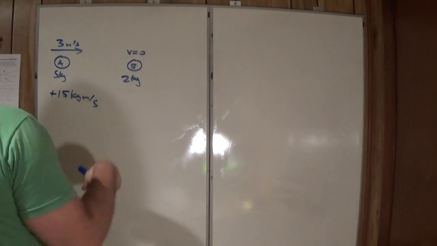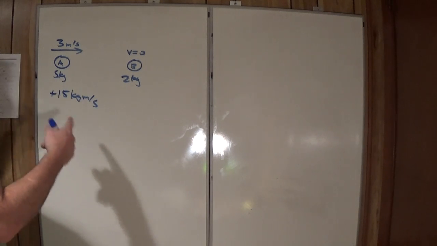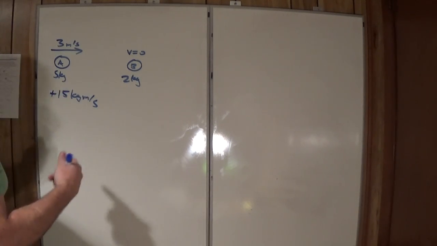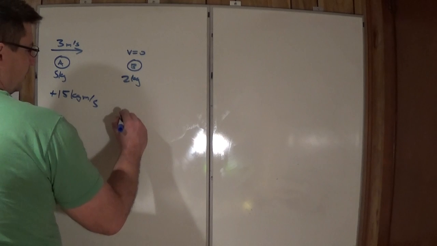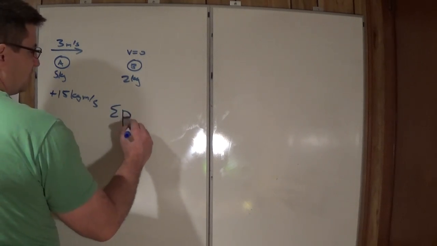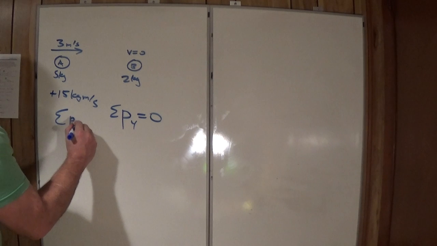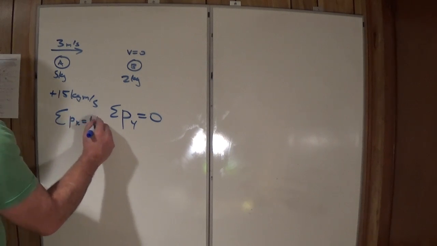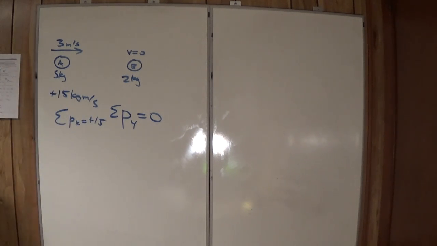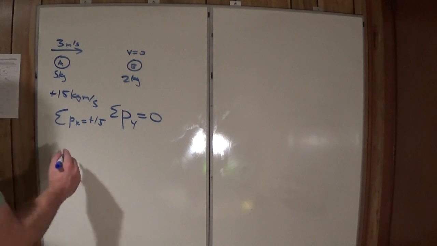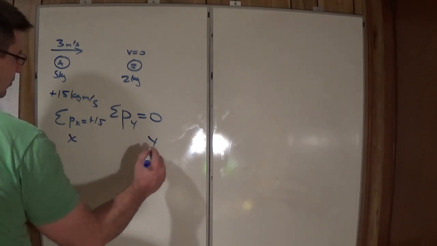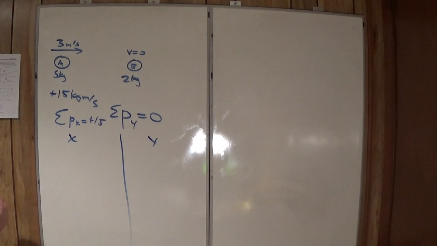The total north and south momentum at the beginning is 0, so the total north and south momentum at the end is 0. So the sum of the momentums in the y direction is going to be 0, and the sum of the momentums in the x direction must be plus 15. Let's break this into an x area and a y area.